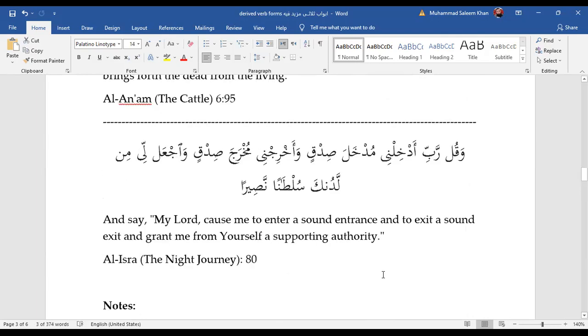So mudkhalun is the one that has been entered, ismul maf'ul, or mudkhal is the place of entrance. When we say adverb of place, for example madkhal, do you remember the word madkhal? Okay, what is the difference between madkhal and mudkhal?